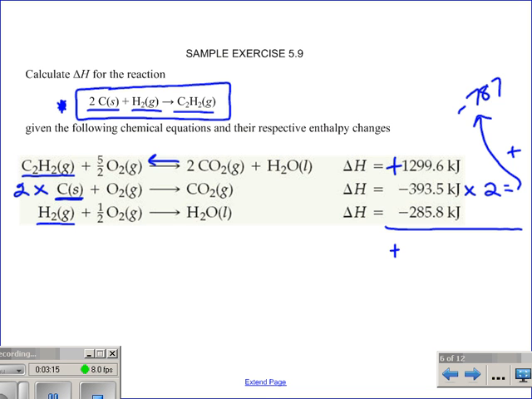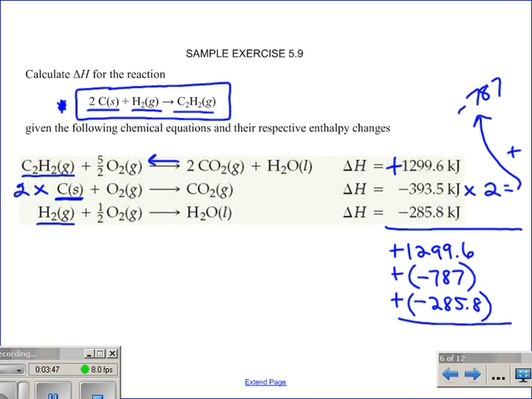I'm going to take the positive 1299.6 and add that to negative 787 and add that to negative 285.8. Once I add all those together, you should get 226.8 kilojoules of energy.